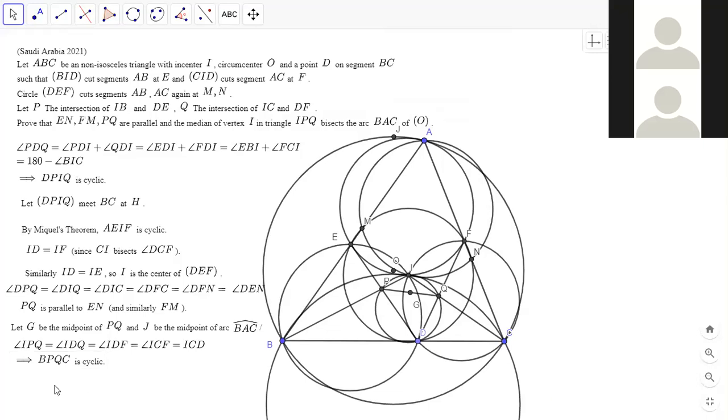So once we know BPQC is cyclic, then IG is a symmedian of IPQ. Since IP is a median of IPQ, it's a symmedian of IBC.